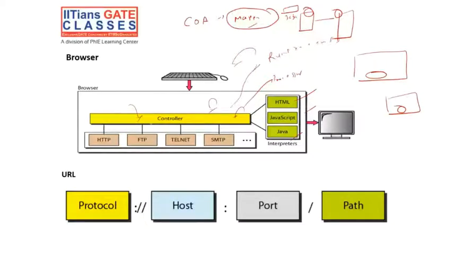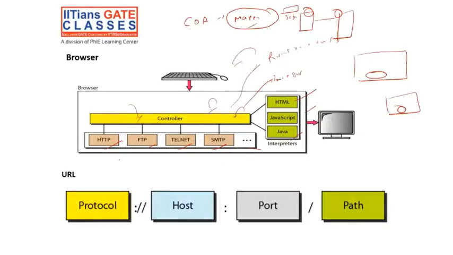Which protocols do we implement in the browser? Google Chrome is there. So normally which protocols are there in Google Chrome? HTTP, FTP, Telnet, SMTP, and so many application layer protocols are possible in Google Chrome. Some protocols are like Skype. If Skype is not possible in the web browser, then there is a separate application for Skype. Skype is also an application layer protocol, right? So how do we access the data?